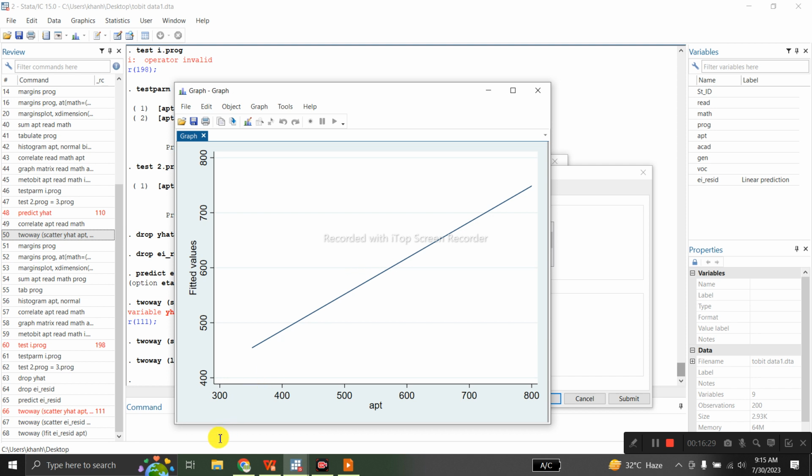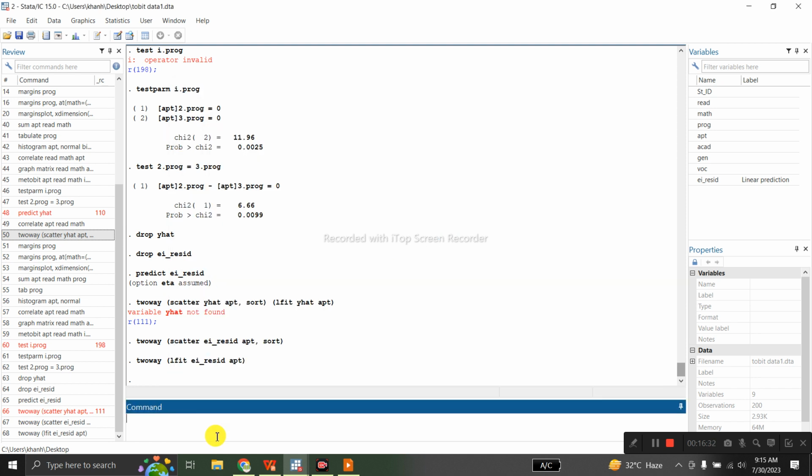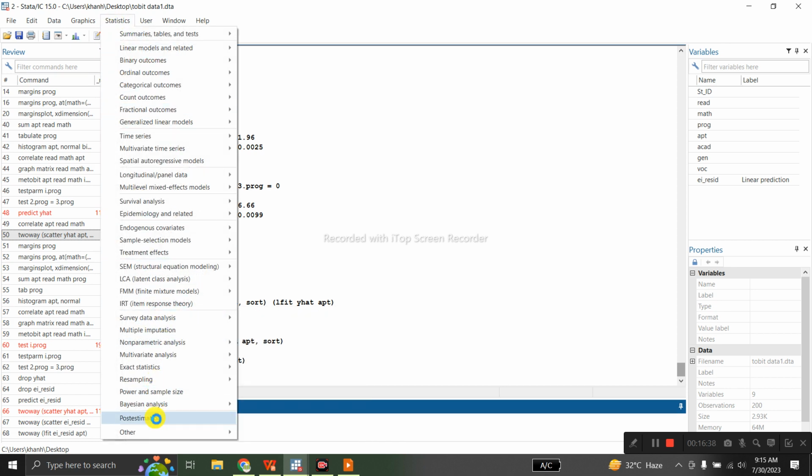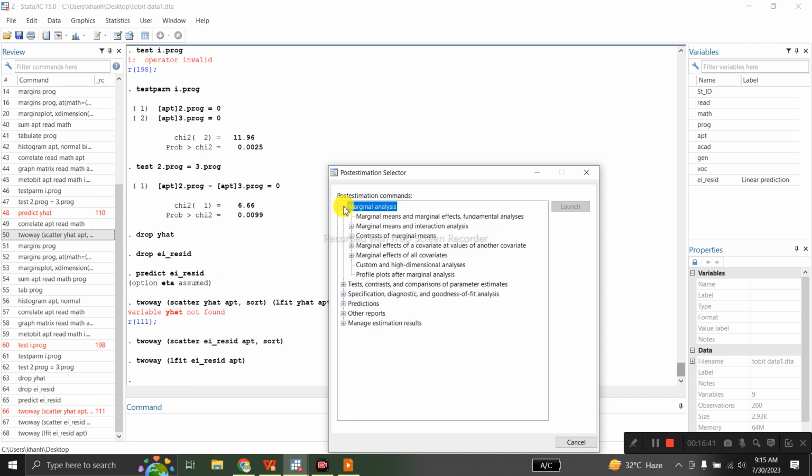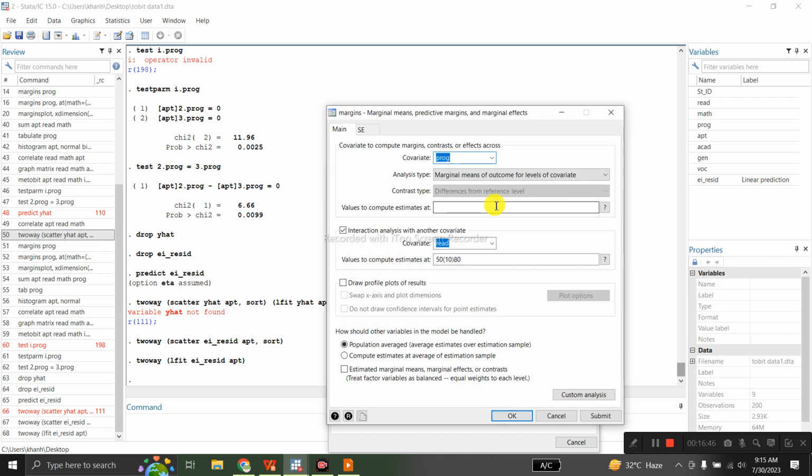After that, I would like to make prediction for this data, and I can do that by clicking on post estimation, and after that I'll click this and I will launch. Let me delete all this and delete all this.